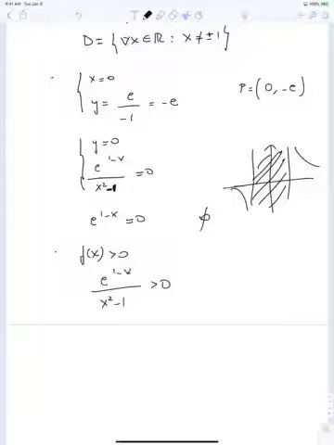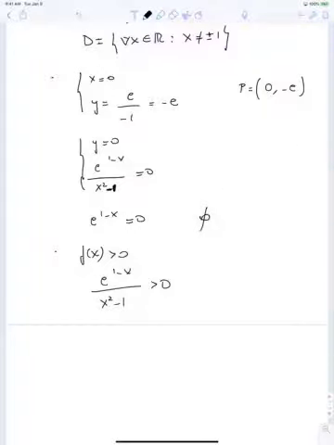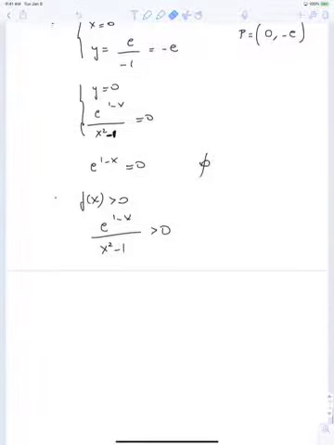It still doesn't have any intersection because the way it changes sign is to go from minus infinity to plus infinity. Even a function like 1 divided by x doesn't have any intersection with the x-axis, but here the function is negative and here the function is positive. So what I said before was not completely correct.